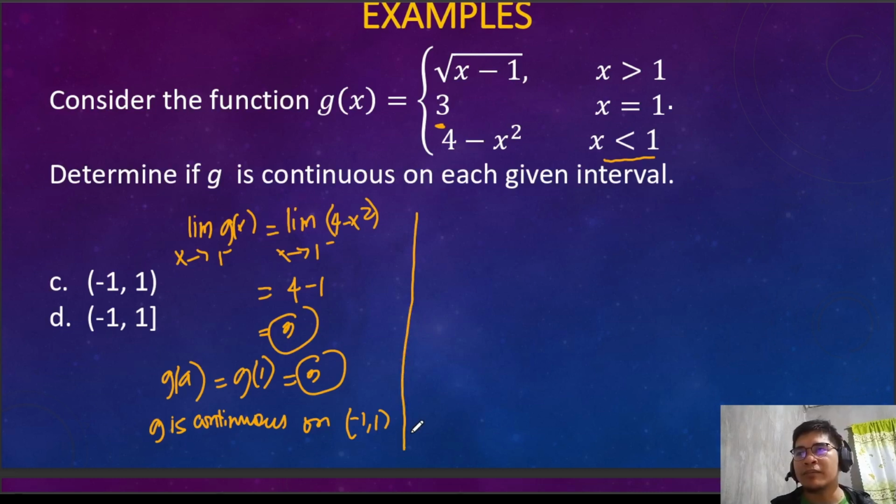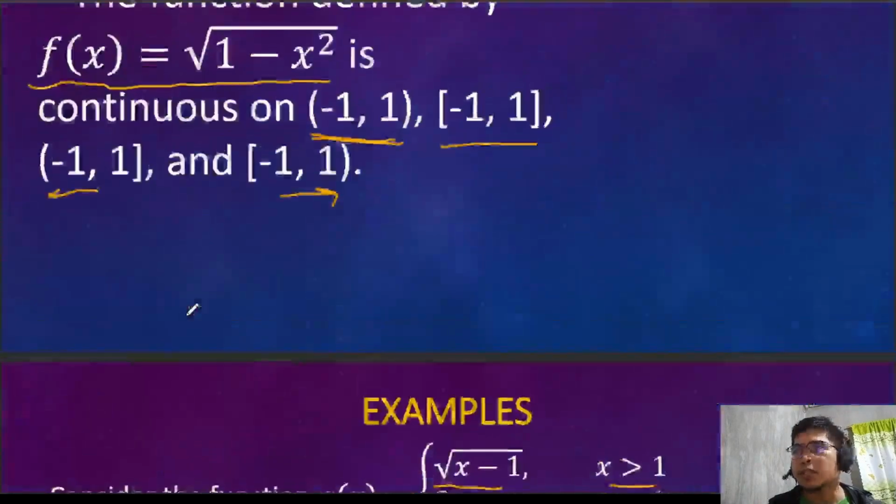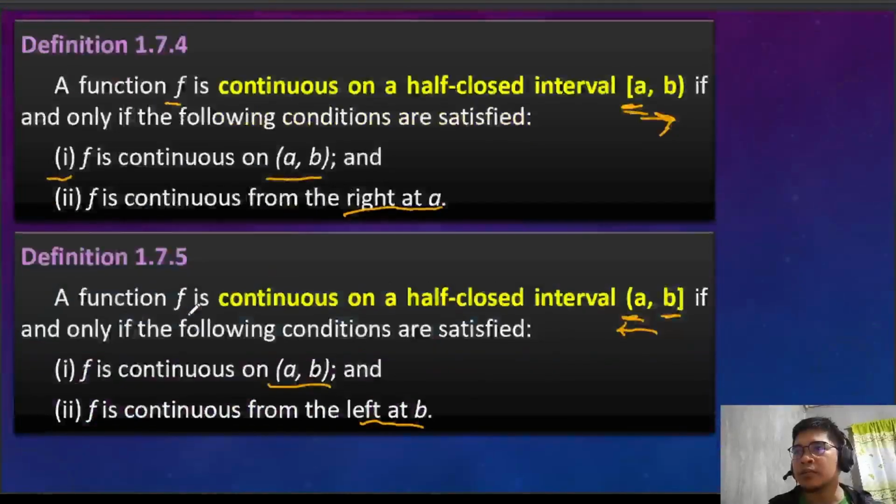Now next, we have letter D, the half closed interval. Here the closed side is on this side, which I think is the second definition of half closed interval. So we have the conditions.